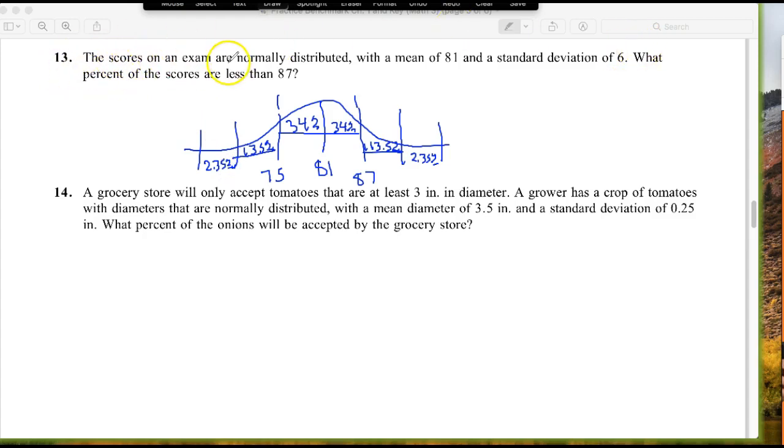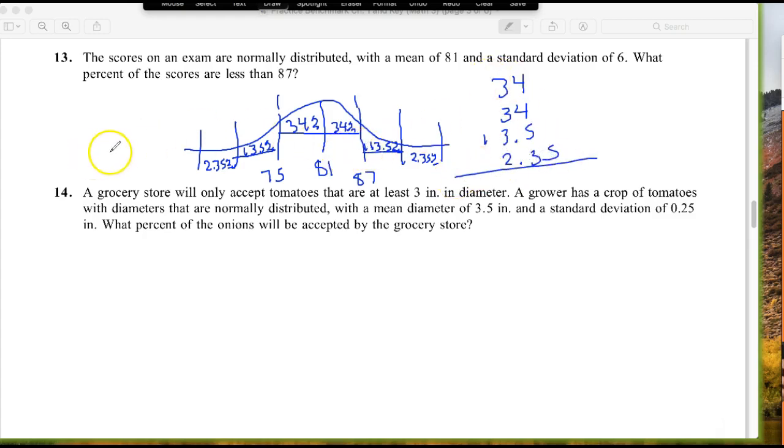So what percent of the scores are less than 87? 87 is 1 standard deviation away from the mean. So from here, this way would be the percent that's less than 87. So add up those percents. You have 34%, 34%, 13.5%, and 2.35%. All right?